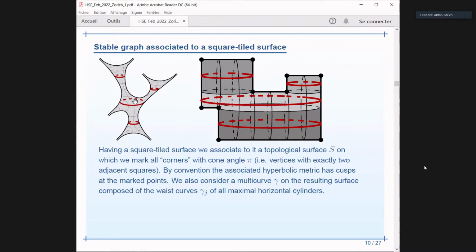Ah, the metric on the left surface will be hyperbolic soon. Right now, it's just a topological picture, but actually I can tell what the associated hyperbolic metric is. So I can find a hyperbolic metric in the conformal class of this flat metric.